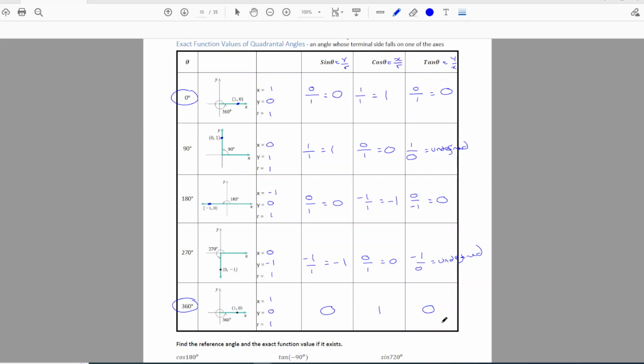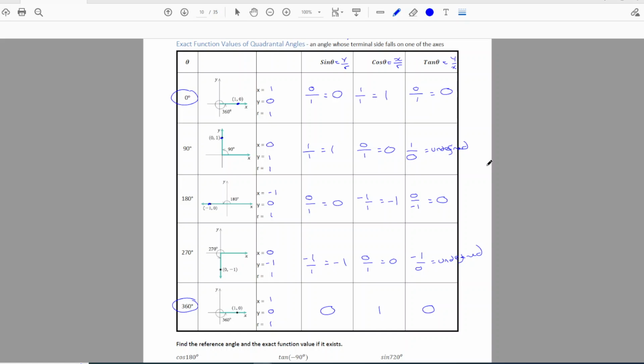So when you're looking at this, we're going to use this again when we start graphing these functions. But you'll notice that sine goes 0, 1, 0, -1, 0. Whereas cosine goes 1, 0, -1, 0, 1. So they're very similar. They're actually off by 90 degrees.